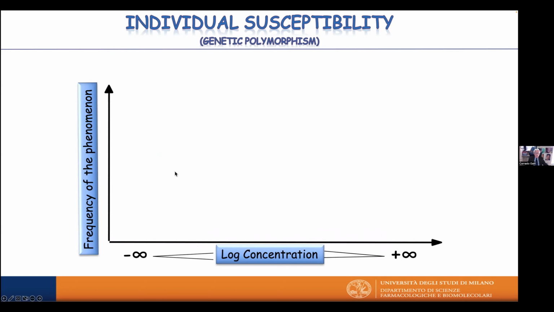What happens here is that there is a part of the population where, when you increase the dose, the frequency of the phenomenon will increase. Then you have the average of the population, where the increase of the dose will not increase the appearance and incidence of the phenomenon. And paradoxically, you have a part of the population which is less sensitive, so if you increase the dose, the phenomenon will not appear as in the first part.